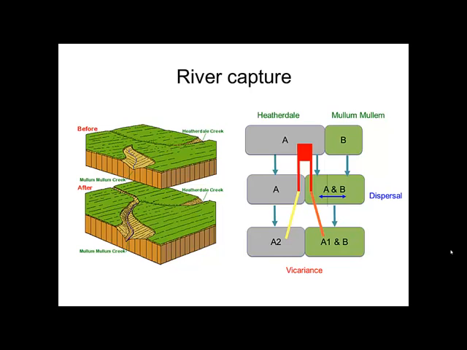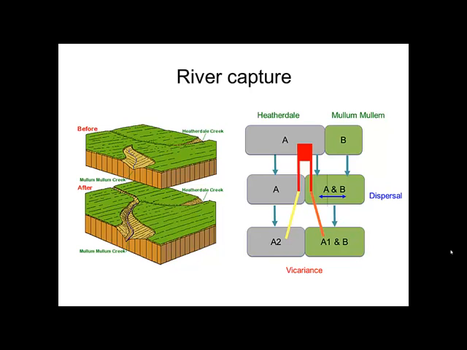So that's this part of area A becomes part of the other watershed. So some of the fish that were in that area in Heatherdale, some of them stay in Heatherdale, some of them in Mullum, but there's no dispersal between these, so they start to differentiate. The ones that have come over, that were in the top part of Heatherdale, can now start to disperse down Mullum, and anything in Mullum can start dispersing upstream into Heatherdale.